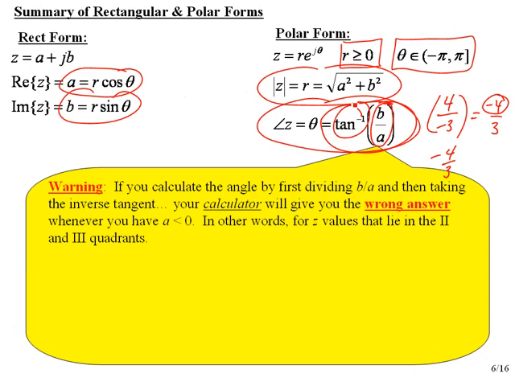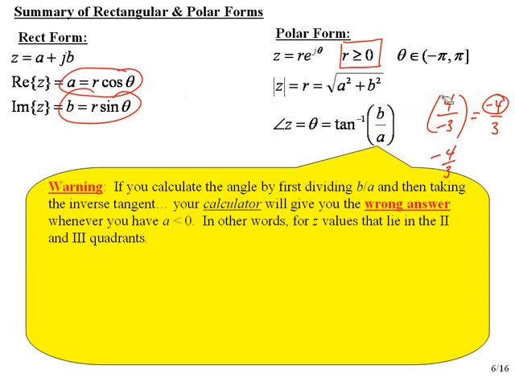If you do it that way, there's no problem. But if you first form the ratio and then take the inverse tangent, your calculator will give you the wrong answer whenever the real part is less than 0.